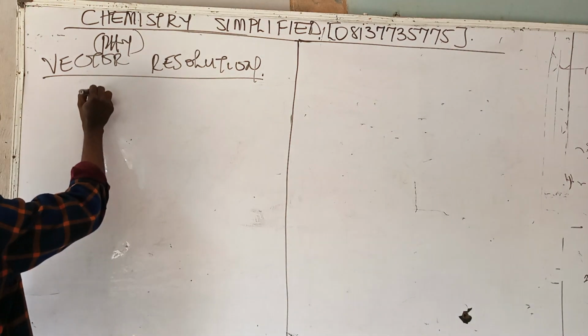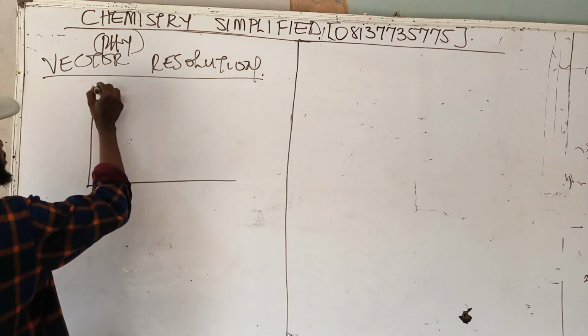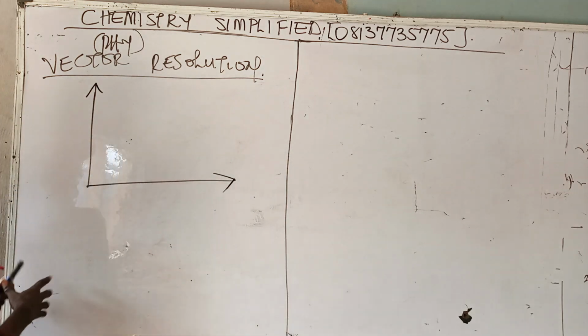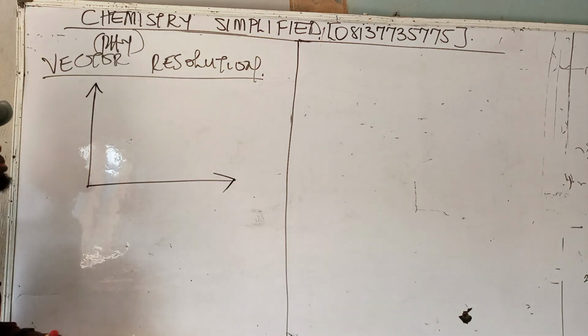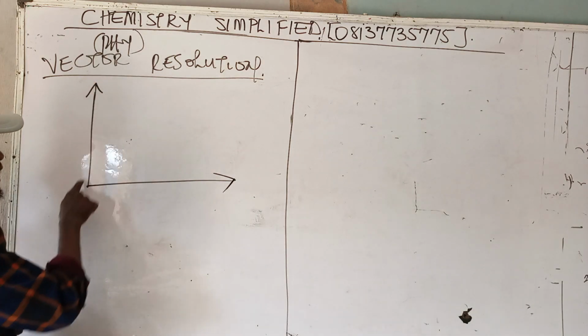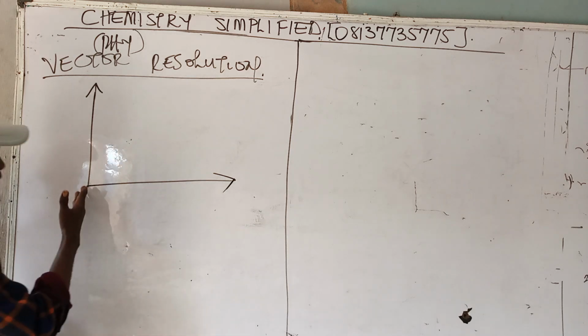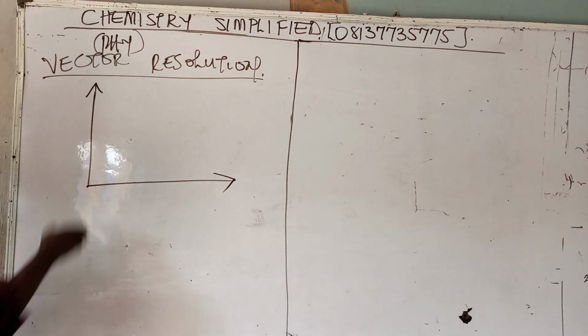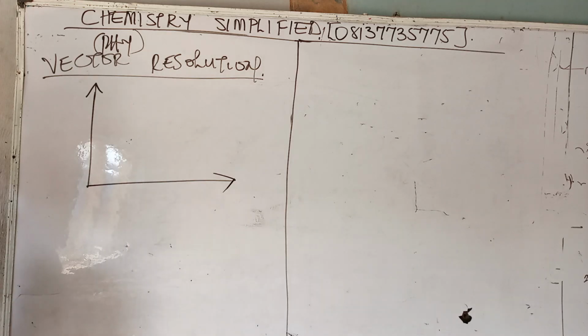Now when you have a force like this, it is crystal clear that this line is vertical while this line is horizontal. So these do not need resolution.